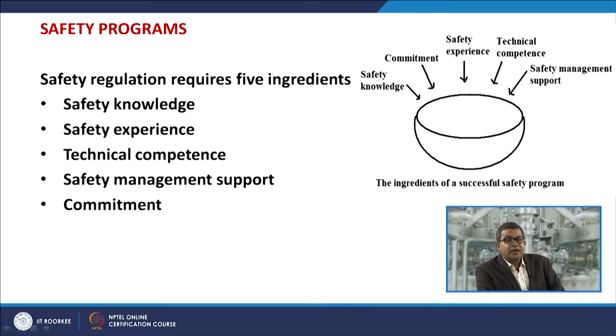Now suppose you are working in a particular plant, you must know what kind of hazardous components, chemicals, and equipment are present at your workplace. That deals with safety knowledge. Now suppose you are working in a toxic environment and a toxic substance releases, then what your experience says about how to deal with it.